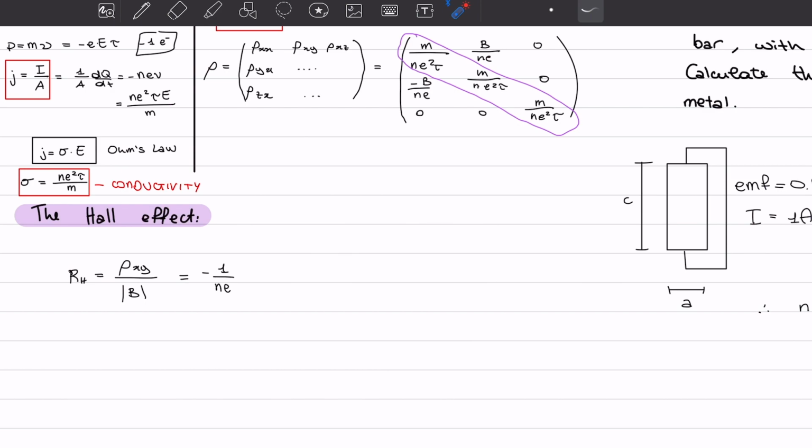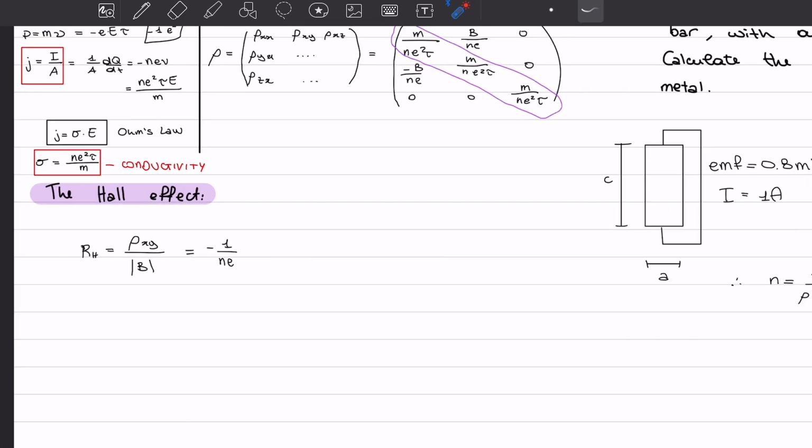And it is defined by the resistivity matrix element over the magnitude of the magnetic field, and also it's defined as -1 over NE. Now this is not always like this, but sometimes it can change signs, so we'll see why in the next video.